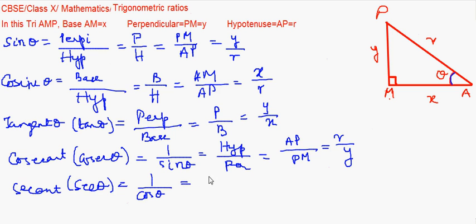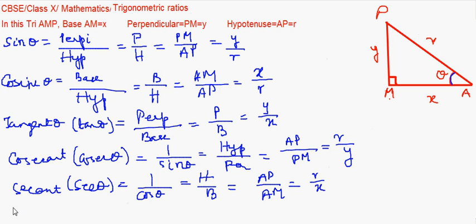So it is hypotenuse by base, which is AP by AM, which is R by X.